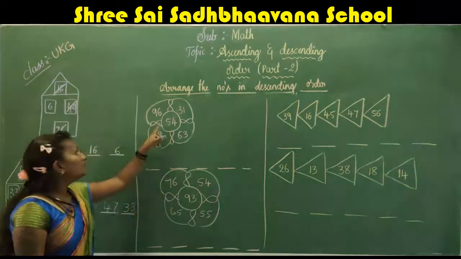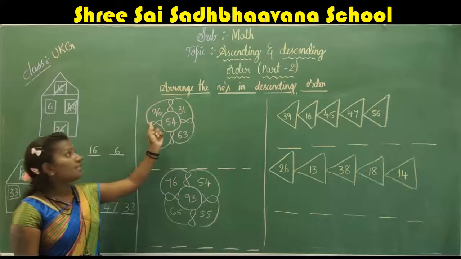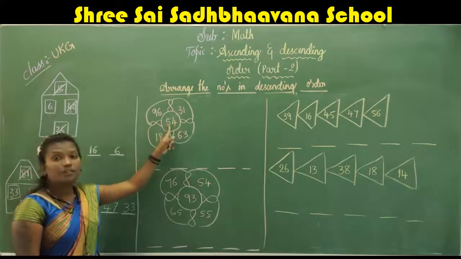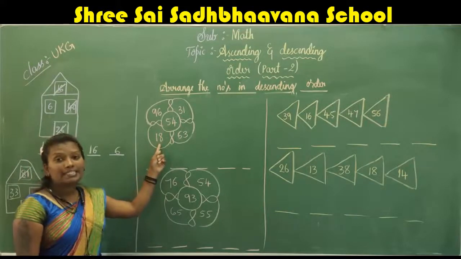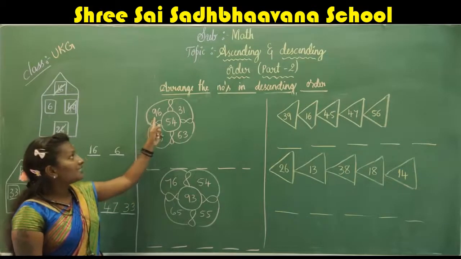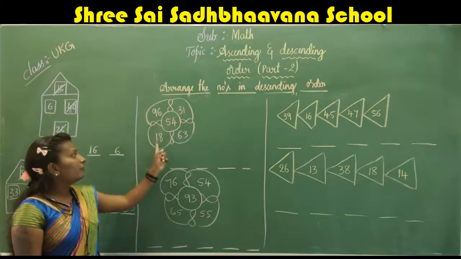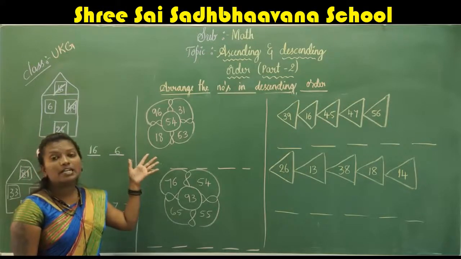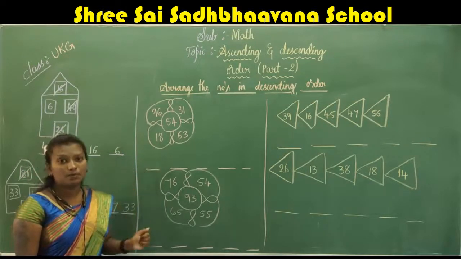What numbers are these? Yes, 96, 31, 54, 18 and 63. Here all the numbers are given as 2-digit numbers.